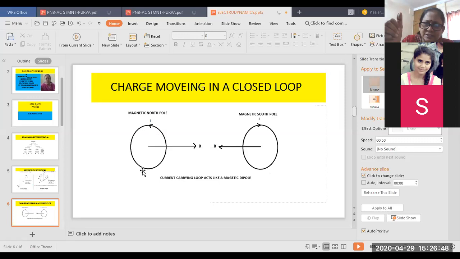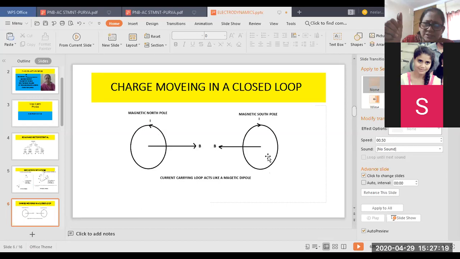The thumb shows you the direction of the magnetic field. Now, how is the current flowing in the left part? It is going in the clockwise direction. So you hold your hand with the tips of your fingers in the clockwise direction. Then the thumb will point towards you. That is Lenz's law. It shows the direction of the magnetic field produced by the moving charge.